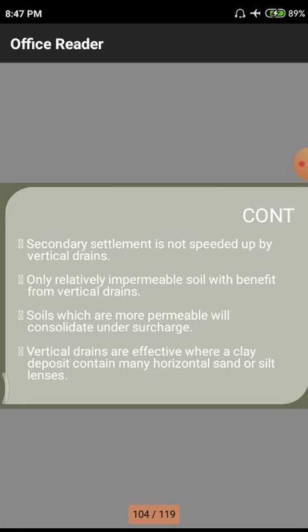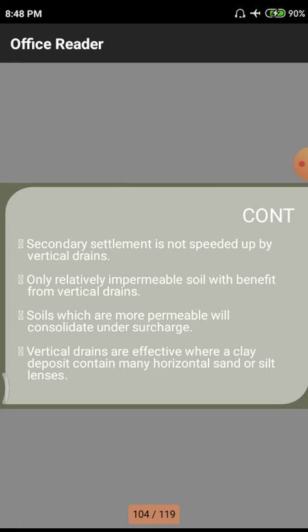Next, only relatively impermeable soil will benefit from the vertical drains. Impermeable means soil which doesn't allow water through it. Permeable means soil which allows water through it.